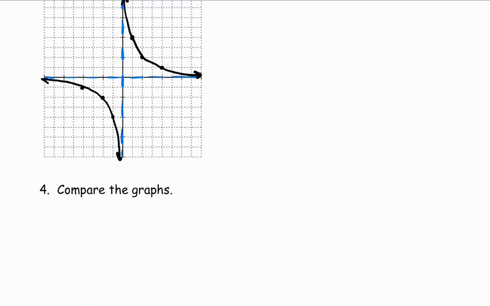So if we think about how they're different, we can see that the graph of 4 over x is farther from the x-axis, from the axes, actually both of them. So what we've done is we've stretched, we've increased the size of this graph.